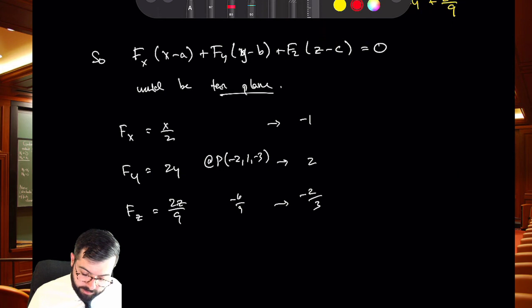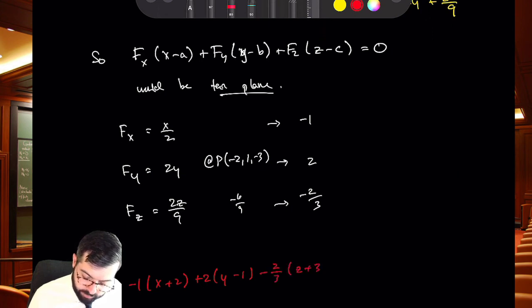So if we zoom in on this thing, x plus 2 plus 2 y minus 1 minus 2/3 z plus 3 all equals 0.